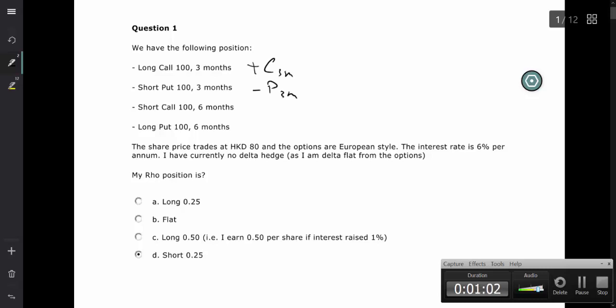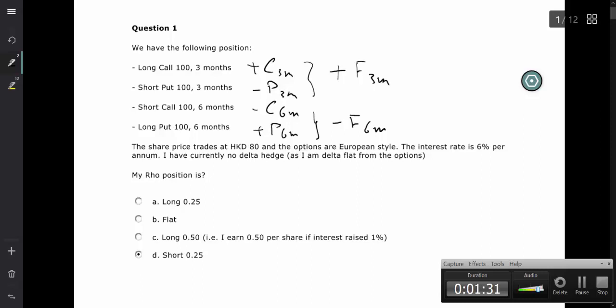So here you are long a forward for 3 months, and then here you are short a call for 6 months, and you are long a put for 6 months. So you are short a forward for 6 months.